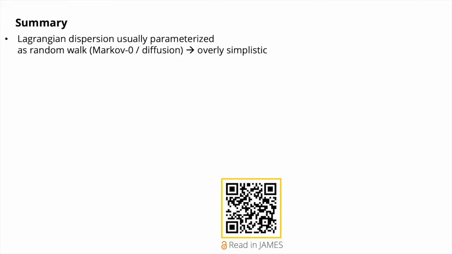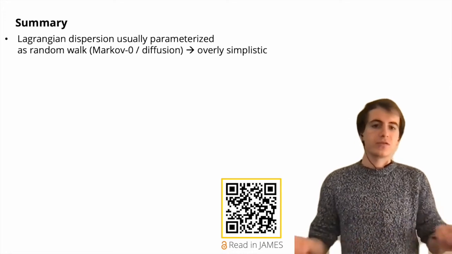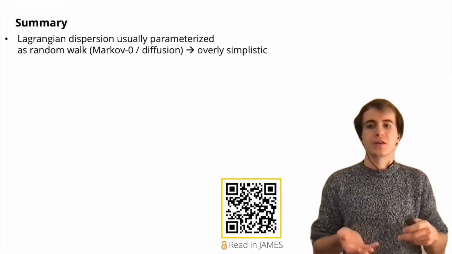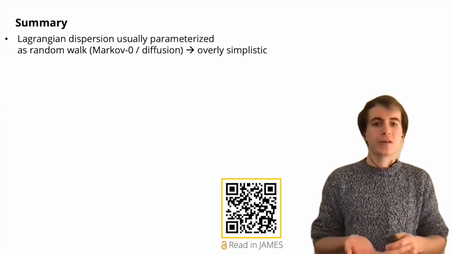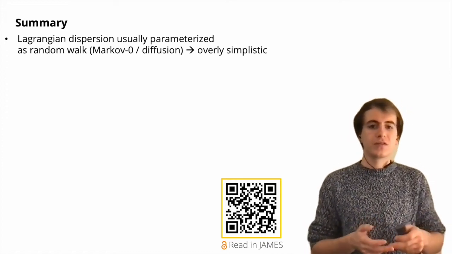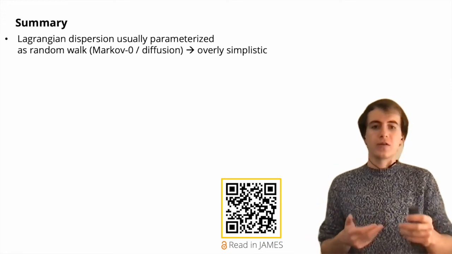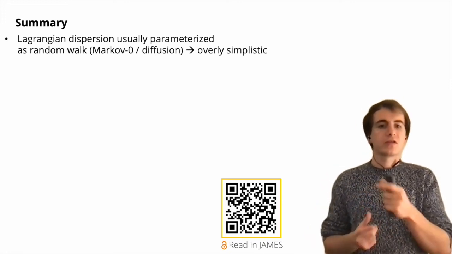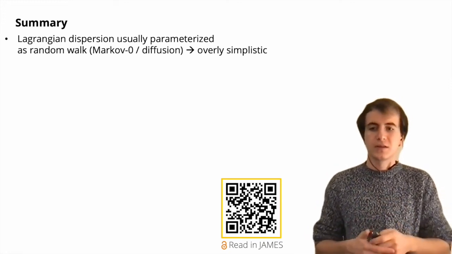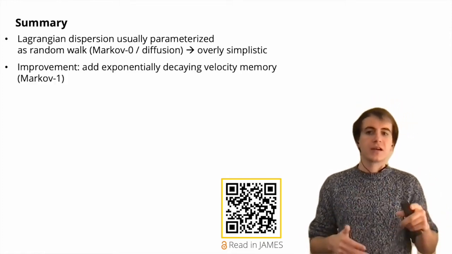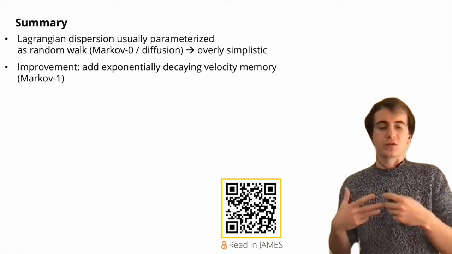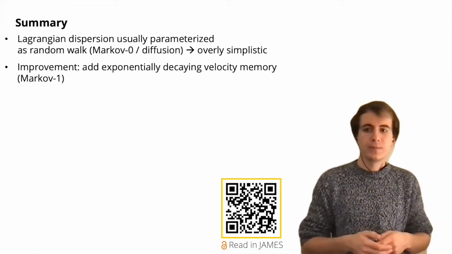To summarize, Lagrangian dispersion is usually parametrized using a random walk, which is equivalent to diffusion in the Eulerian case, but this is overly simplistic because particles have no memory at all and successive displacements are completely uncorrelated in direction. So an improvement would be to actually add this exponentially decaying velocity memory term, which we saw in the Markov 1 model.